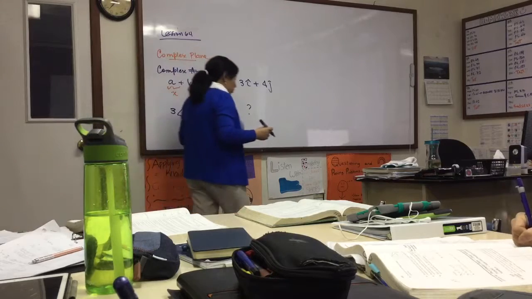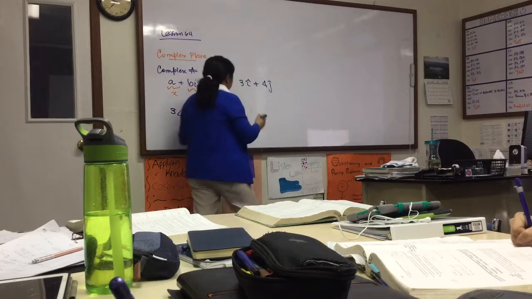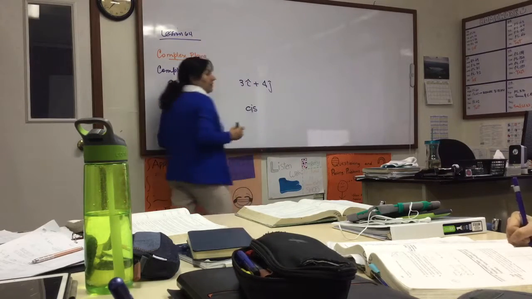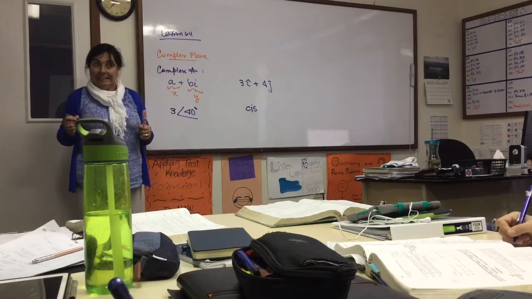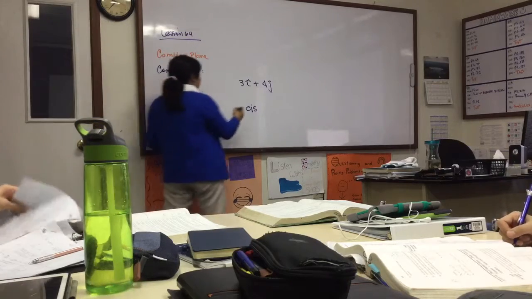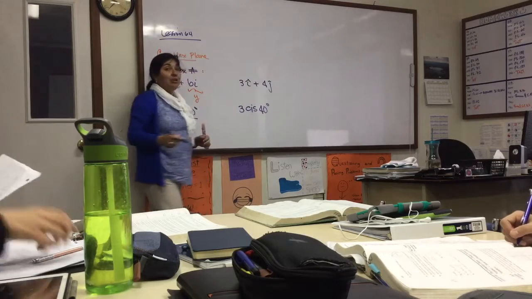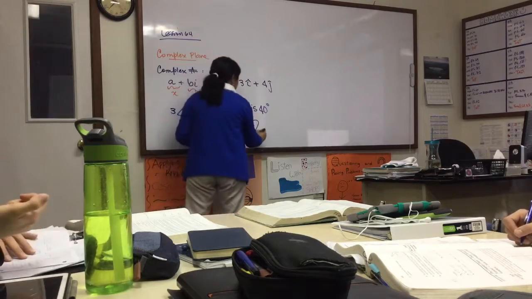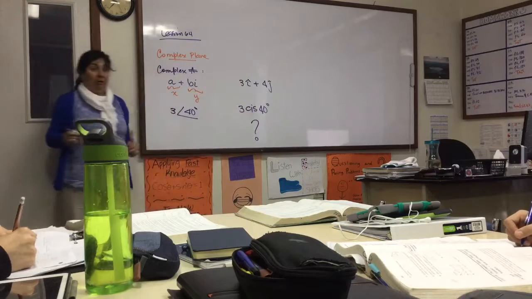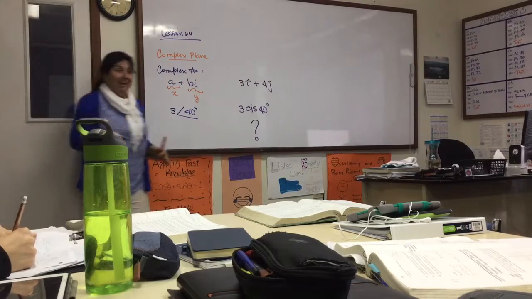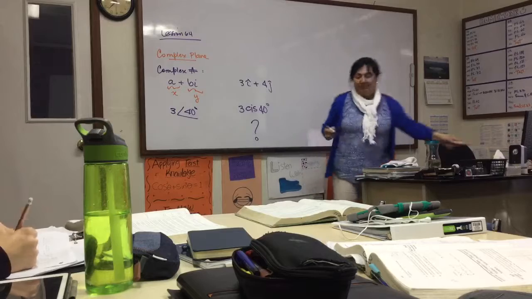So let me introduce you to something called cis. This would be 3 cis 40. And then on your faces, you're going to get a big question mark. What is that? Right. So let me tell you what it is.